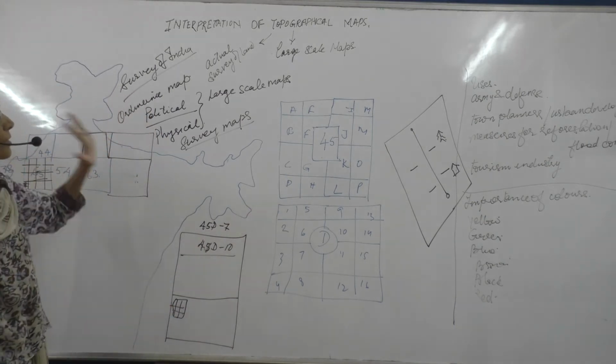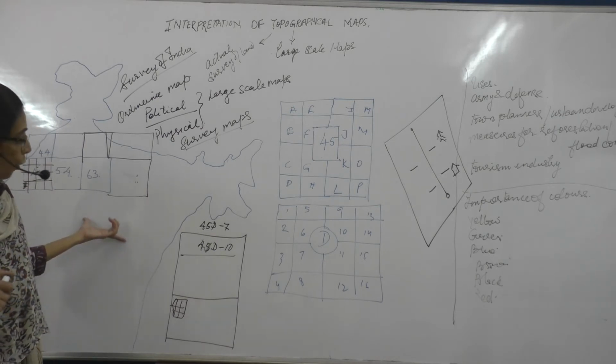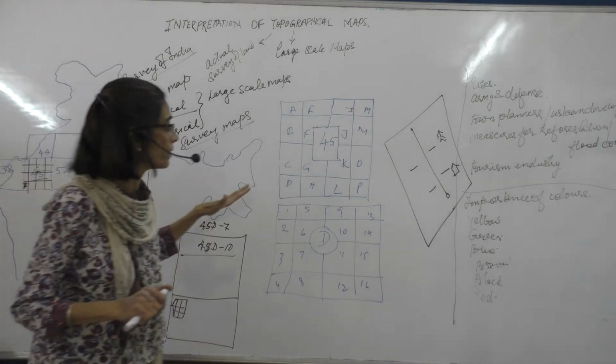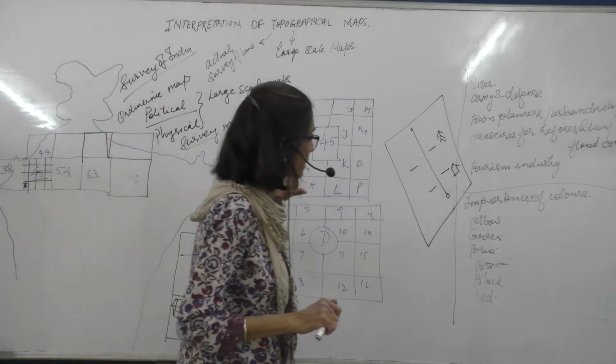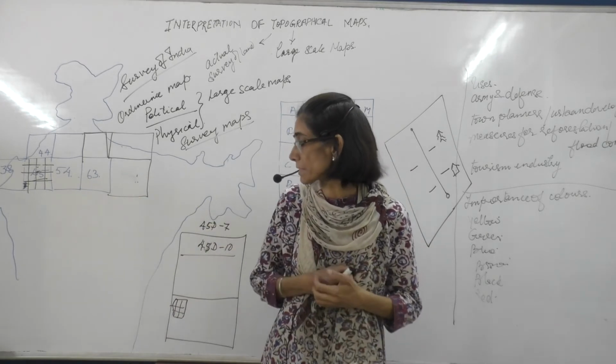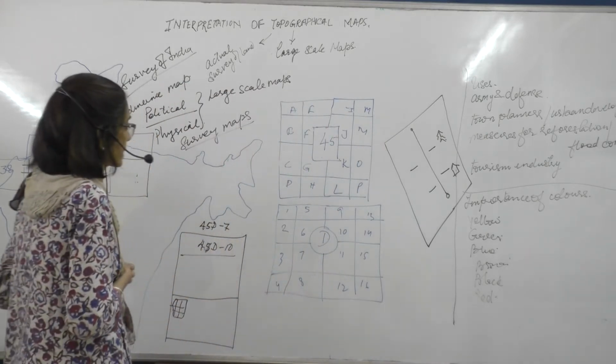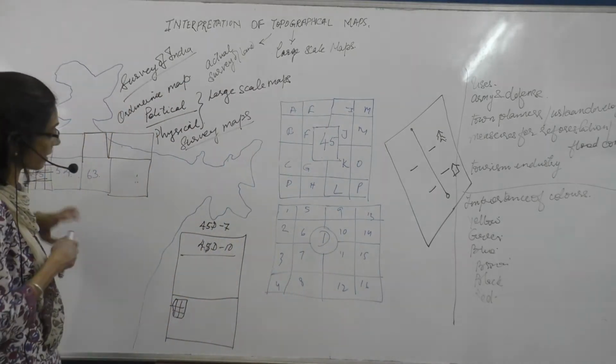That is how the Survey of India works. They give you a detailed map of the region where you can study the details. Now, once you understand that these survey maps give you the details of a particular region, they are large scale.